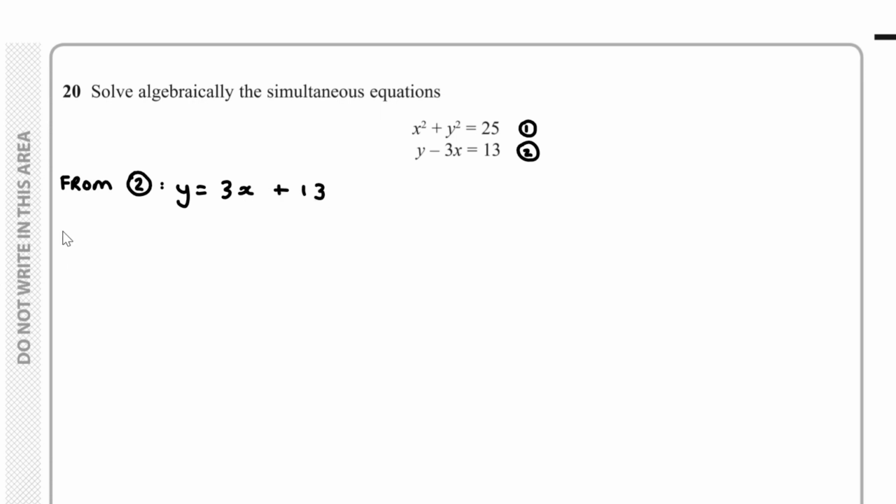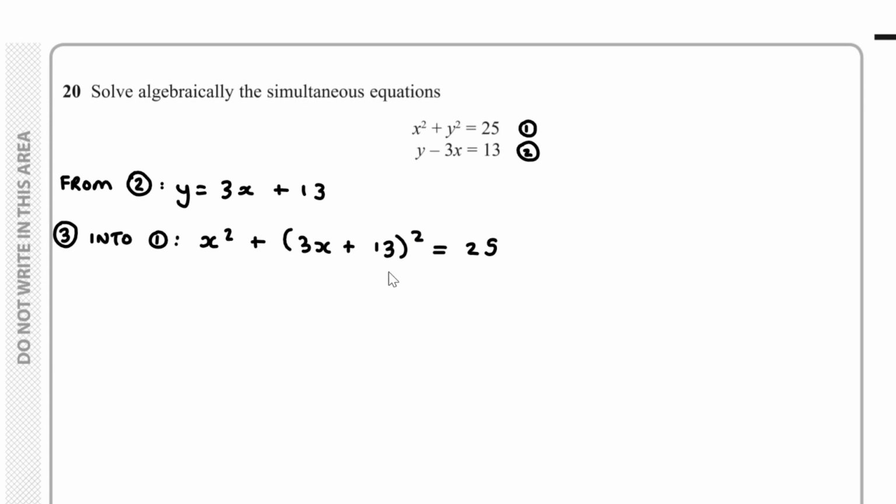We will now substitute equation 3 into equation 1. So I've got x squared plus y squared, which is now 3x plus 13 all squared. This is equal to 25.